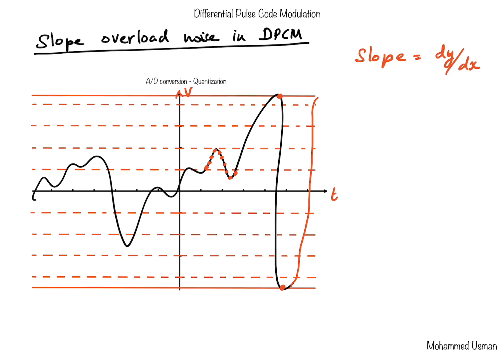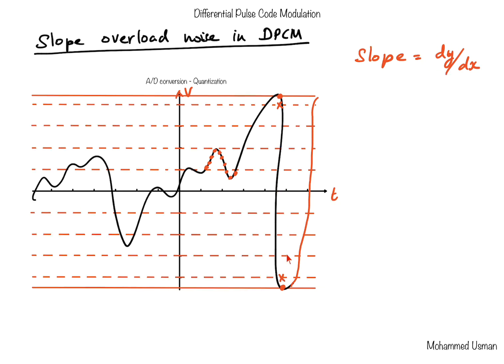So we want to find out what is the maximum slope that can occur in the DPCM output. And the maximum slope that can occur is when the sample value goes from the highest quantization level to the lowest quantization level. When two successive samples are such that one sample has a value at the highest quantization level and the next sample has a value at the lowest quantization level, that would be the maximum change along the y-axis.